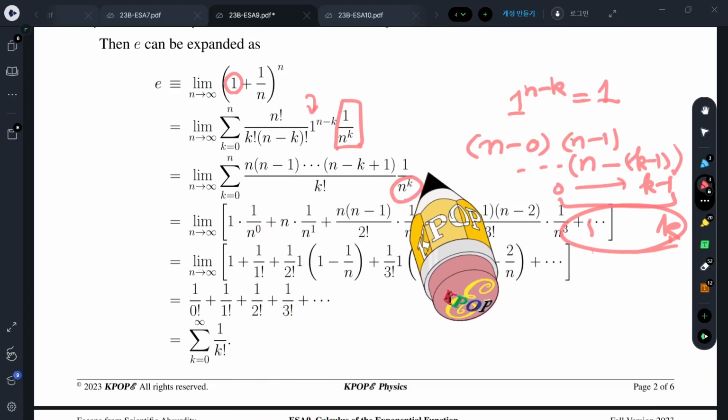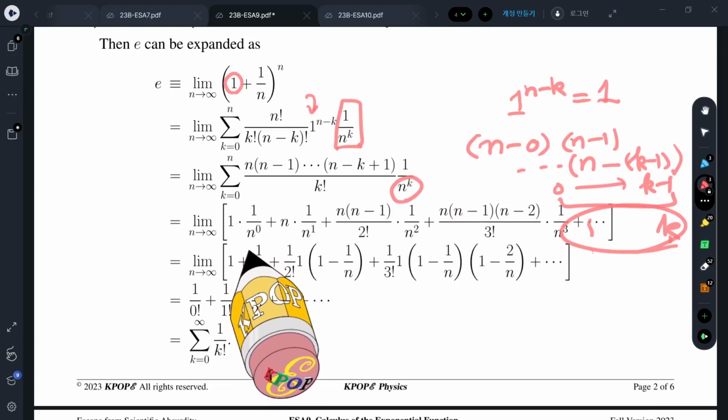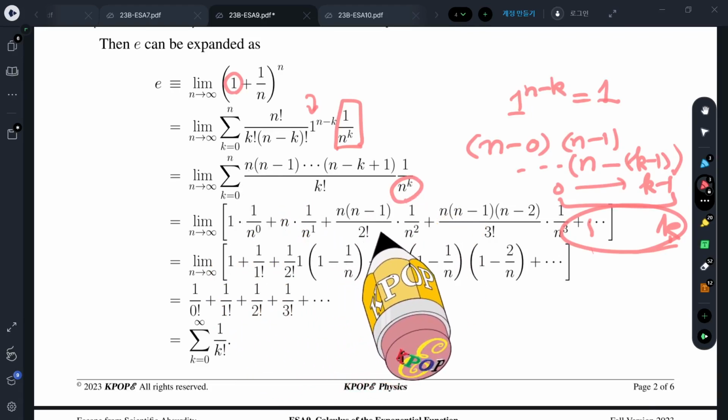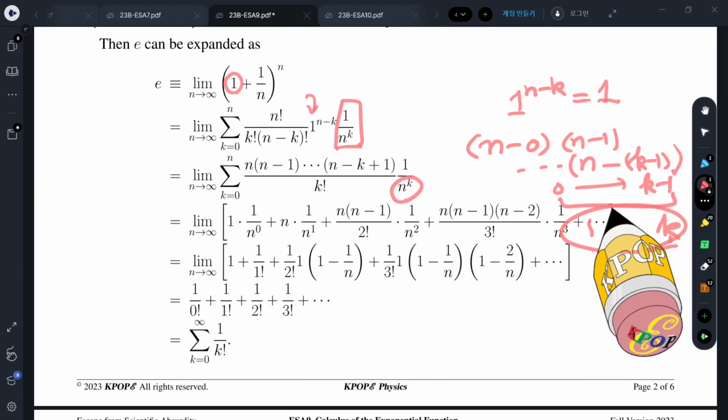First of all, consider k equals 0, k equals 1, k equals 2, 3, and so on.